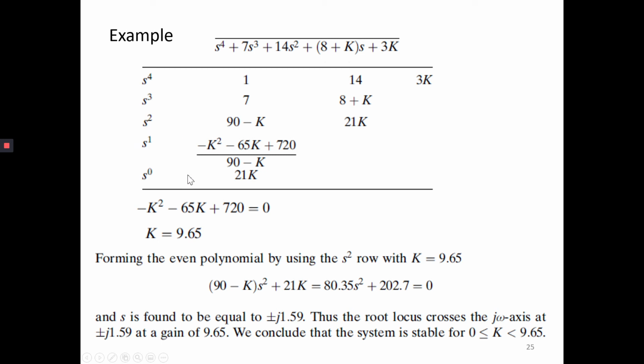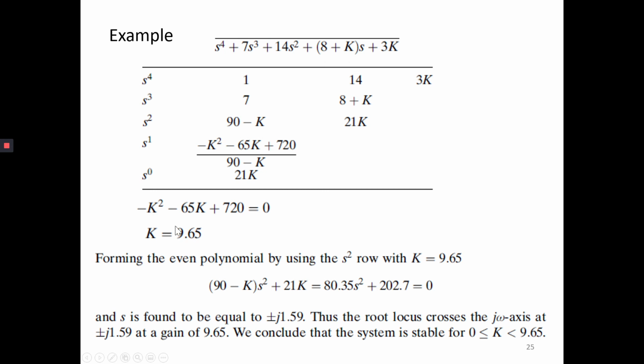We construct back the equation, which is for even polynomial order: 90 minus k s squared plus 21k. This one is s squared, this one is s with the power of 0. So 90 minus k s squared plus 21k.